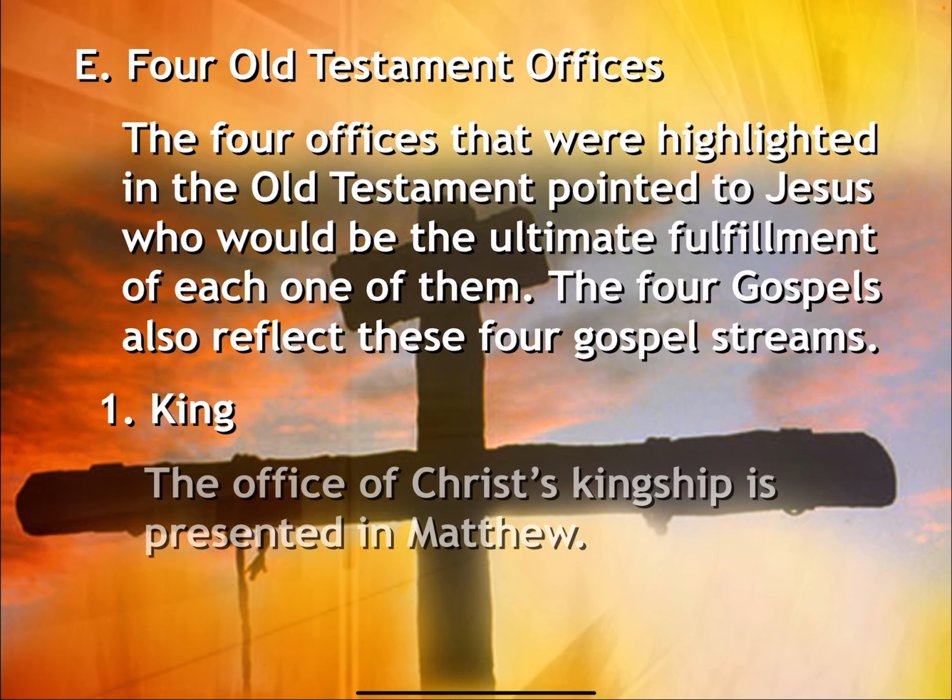The king. The office of Christ's kingship is presented in Matthew. And you remember the first Old Testament office under consideration is a type of Christ, the King of Kings.